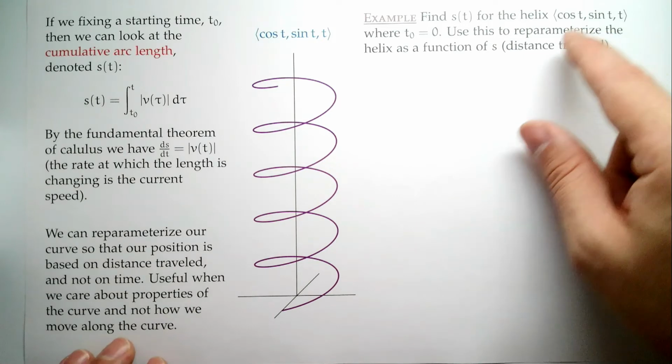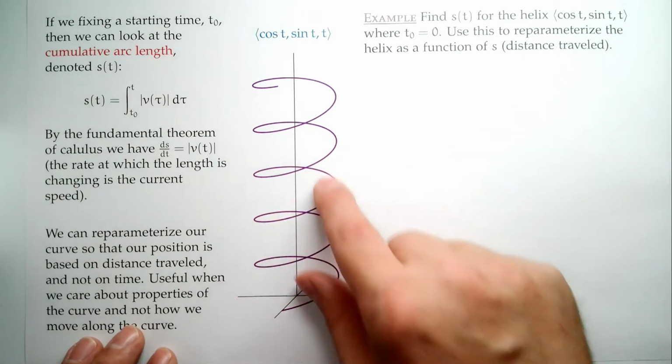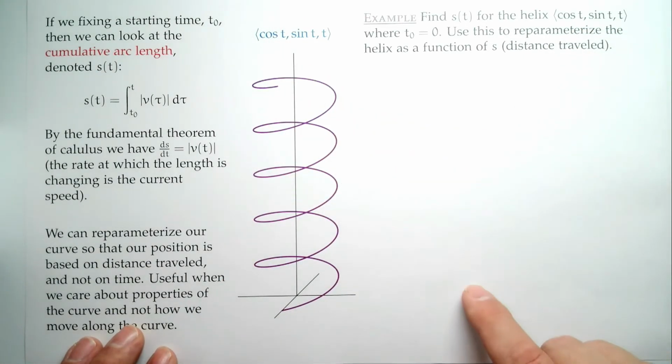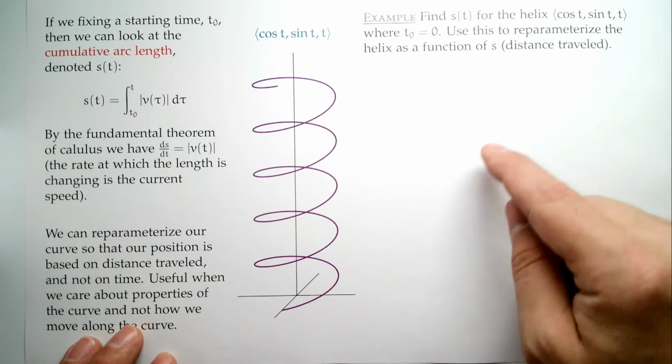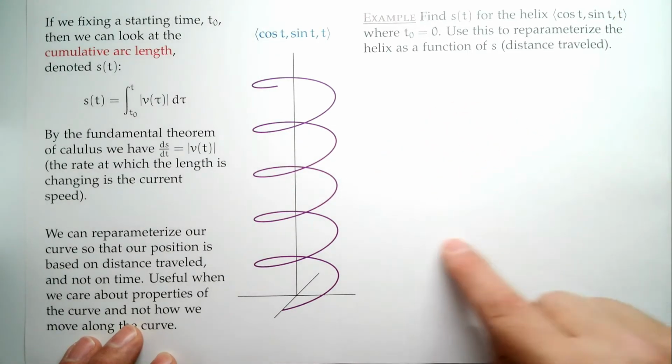Now, there's a picture of the helix, and it has this shape here, but it's actually not too hard to figure out what it was, even if we didn't have a picture. Because think about just the two-dimensional part, the x and y. When you see the parameterization cosine t, sine t, what is that? It's a circle. So cosine t, sine t just revolves around. It's going around the unit circle.